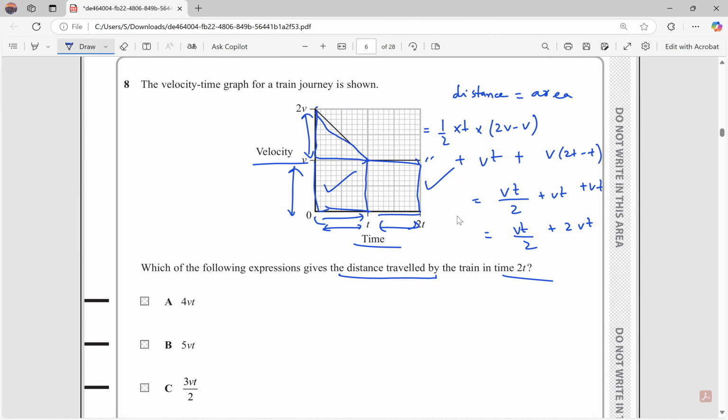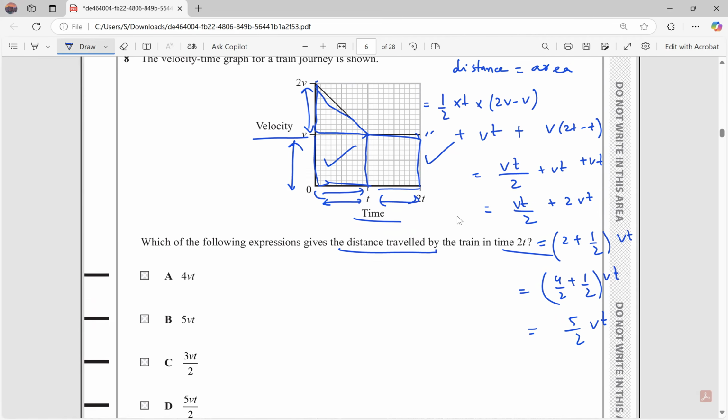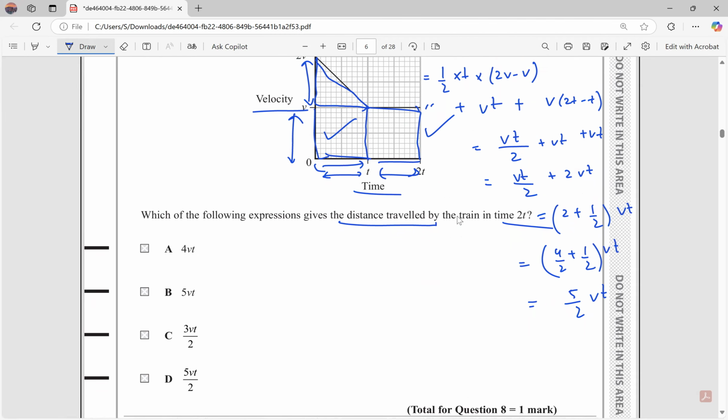So, that's like 2 plus 1 over 2 times Vt, and that is like 4 over 2 plus 1 over 2, guys. I'm sorry, I'm doing such basic math. So that's 5 over 2 times Vt. So it's option D.